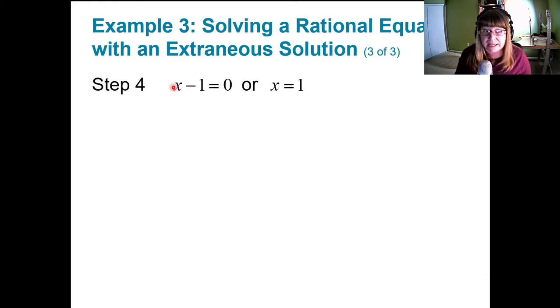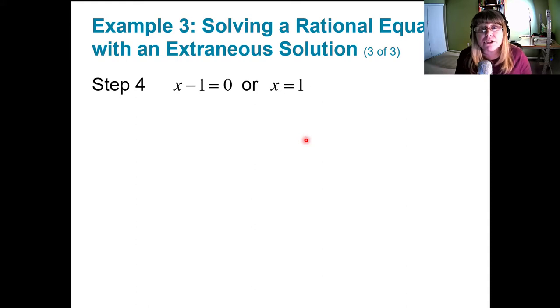Of course, x minus 1 equals 0, and that way x equals 1. But remember what we said in the very beginning, where we don't want x to be 1. Mathematically, it's a great answer. We did all of our steps and we got an answer, x equals 1.